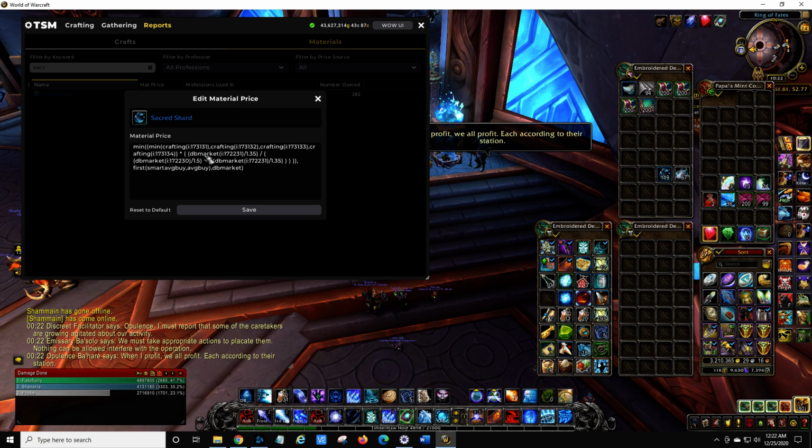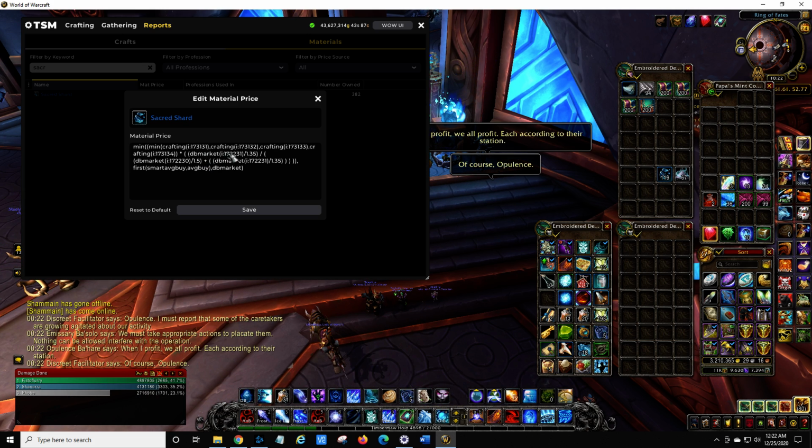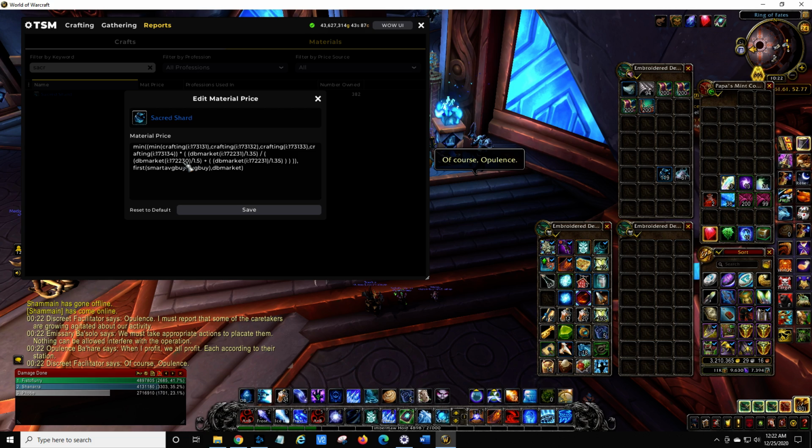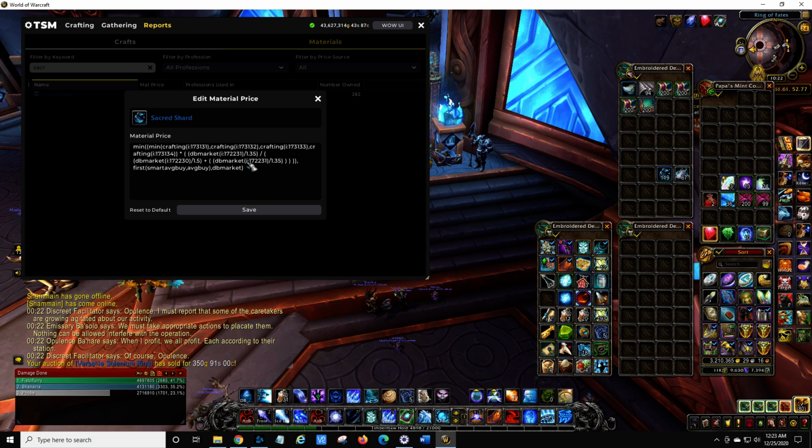So I'm basically taking the ratio of the shard divided by the shard plus the soul dust plus the shard. And you don't really have to do these ratios.